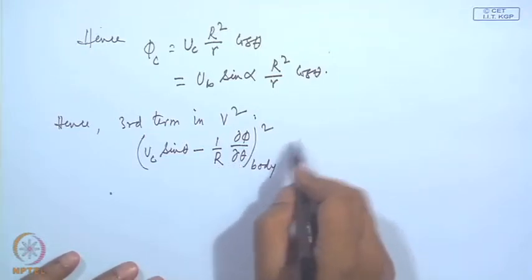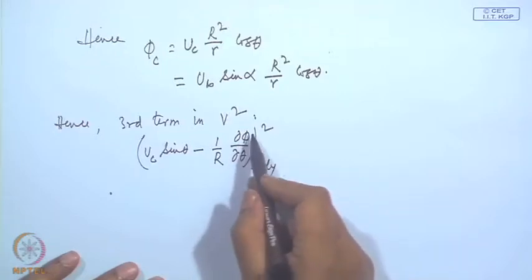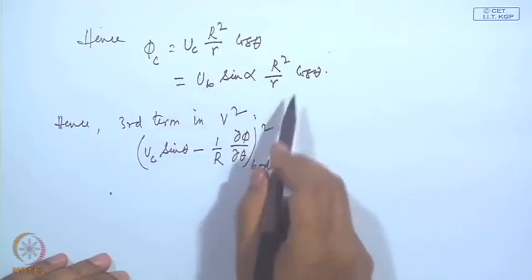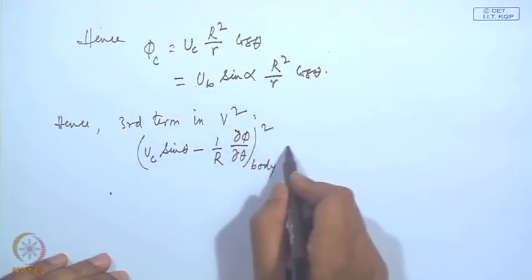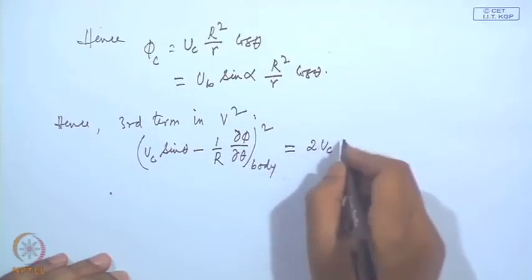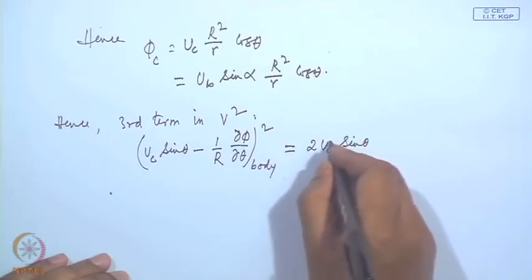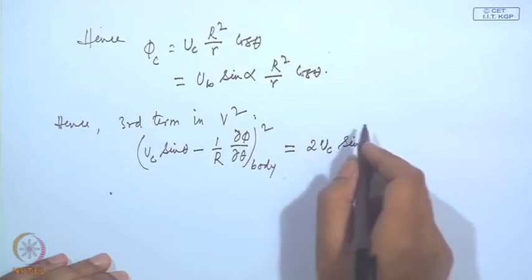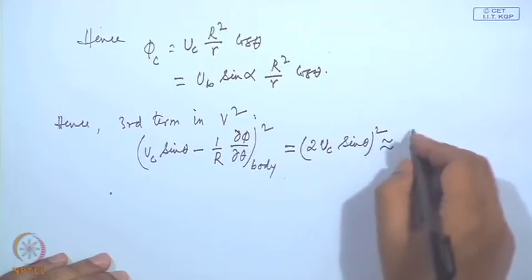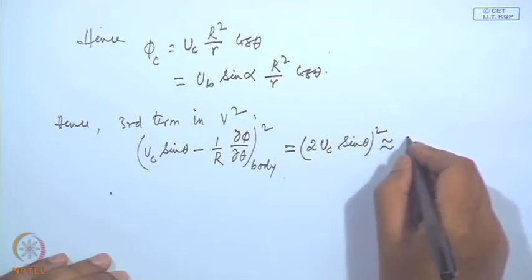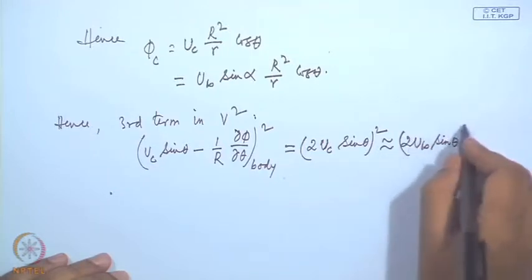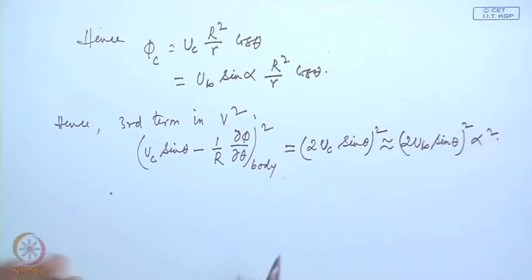Since phi a has no theta dependency, this d phi d theta is simply d phi c d theta, which can be evaluated from here, and this gives 2 u c sin theta square, that is 2 u infinity sin theta square into alpha square for small alpha.